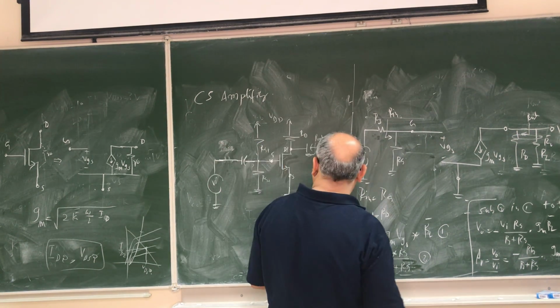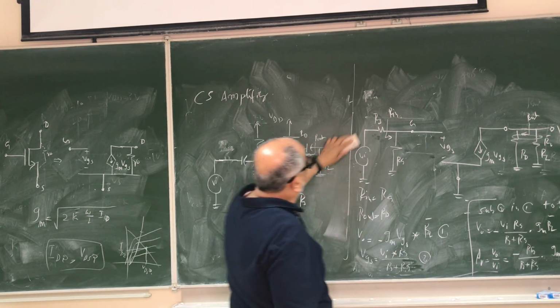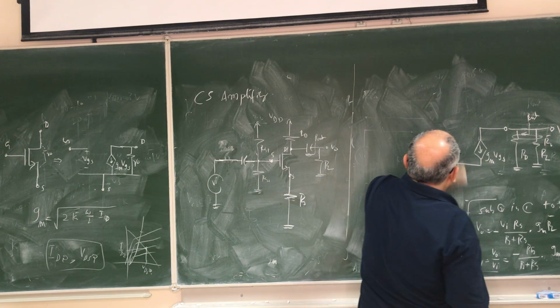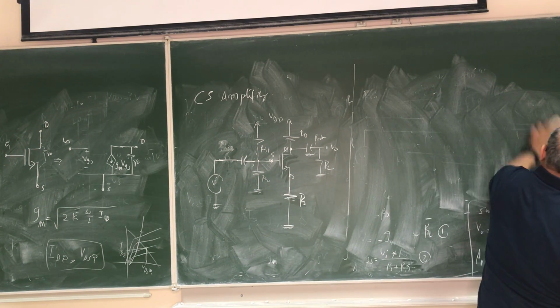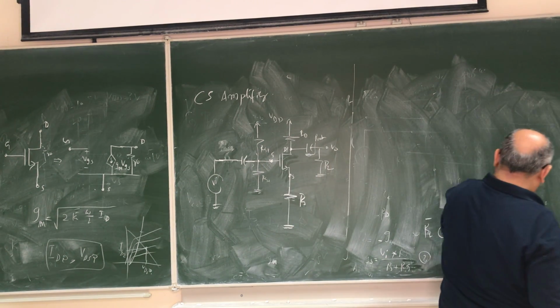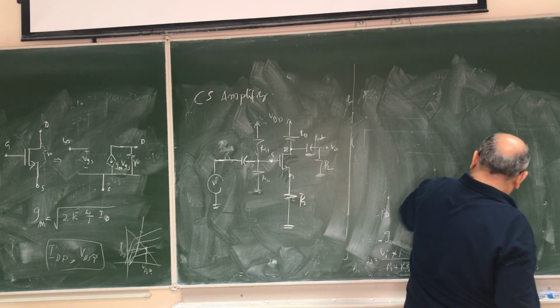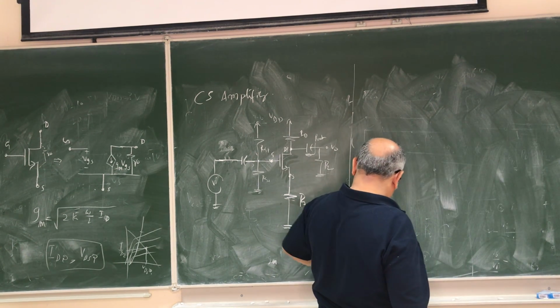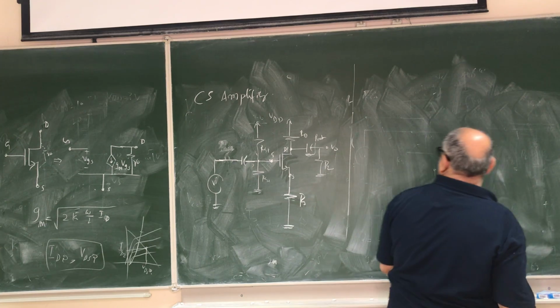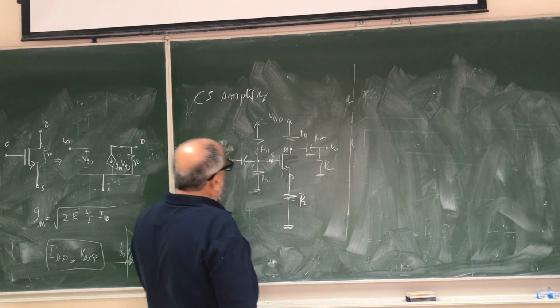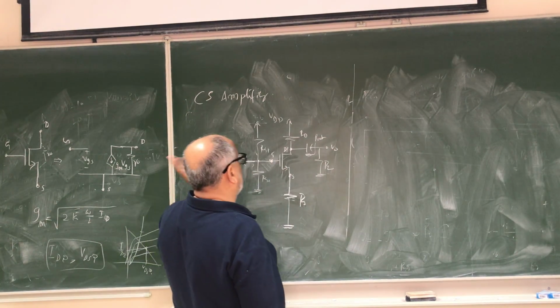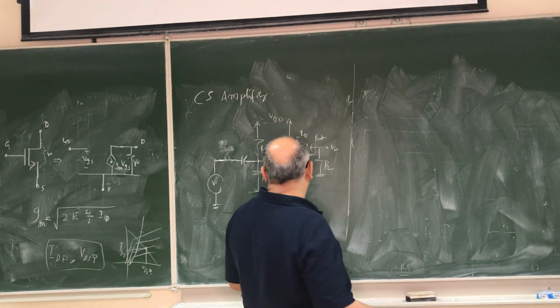So if this is my circuit now, I can use the T model, or I can use the pi model, it is up to me. So I'll do it in both ways.